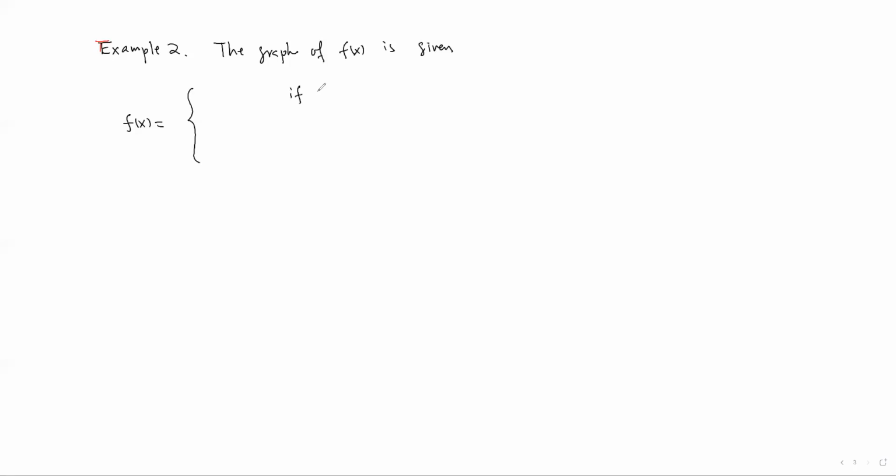When x is 0, the function value is 1. This function is defined piece by piece. When x is not equal to 0, the function value is 0. Let me plot the graph of this function.